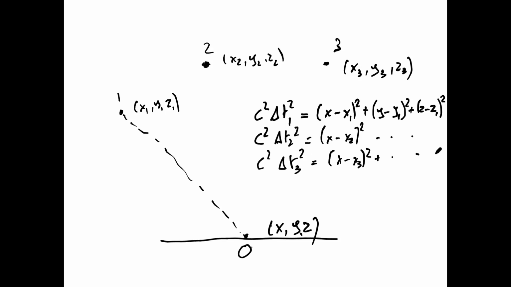So we have three equations in three unknowns, the unknowns being x, y, and z, because delta t1, delta t2, and delta t3 are measured by the end user, by the observer O. And in principle, we can solve for the position of the user.